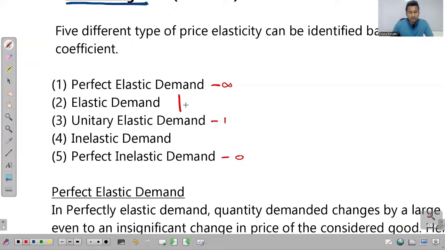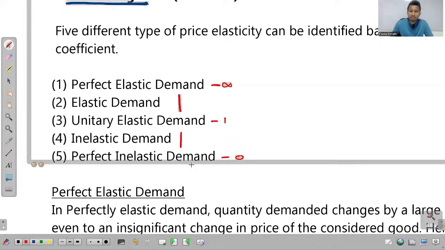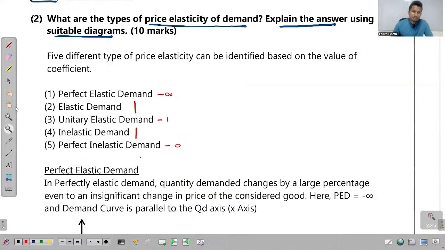Here you get a value between minus 1 and minus infinity. In this region, you get a value between minus 1 and 0. If it's inelastic, the value will fall in between 0 and minus 1. Right? So these are the 5 different types of price elasticity of demand.